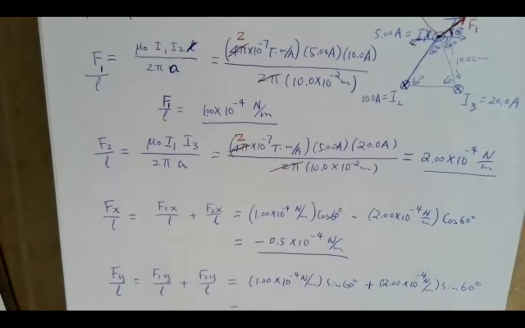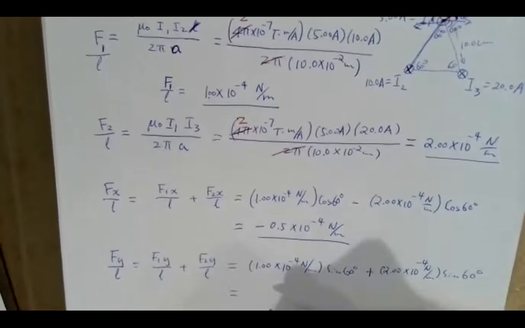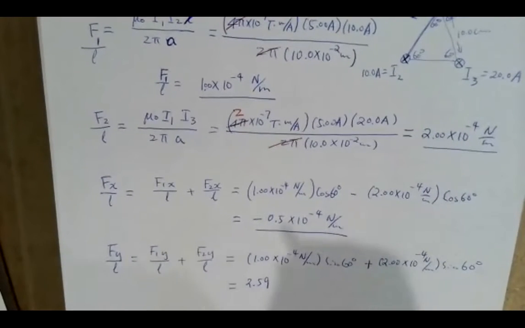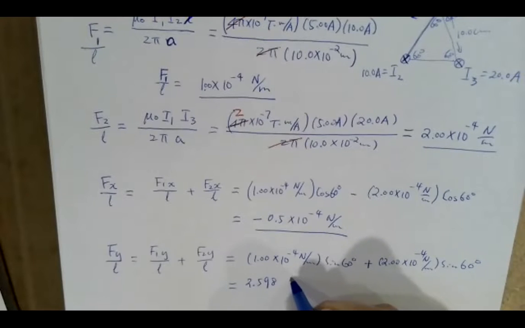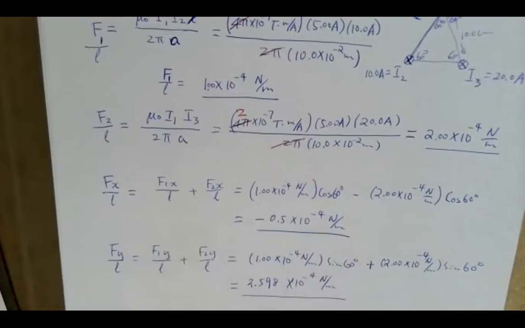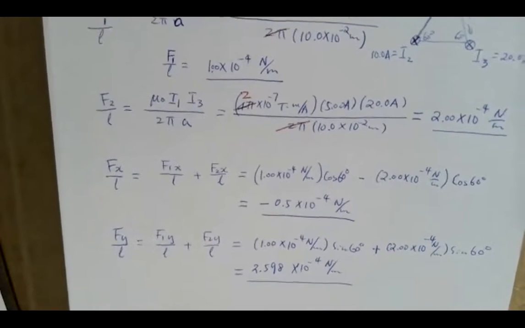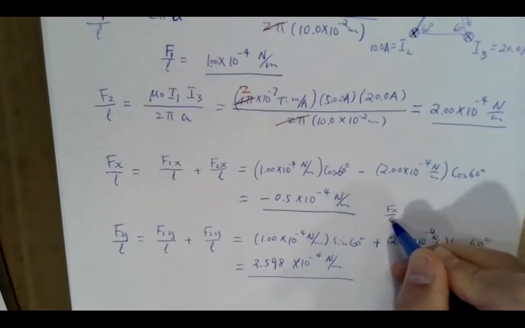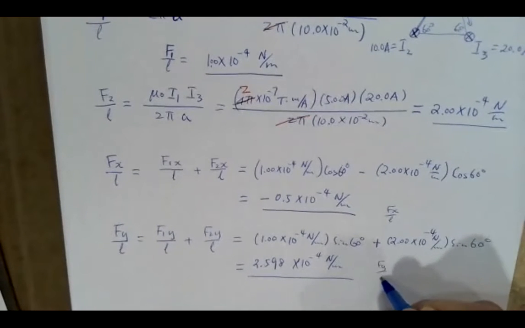That will equal 2.598, so pretty much 2.6 times 10 to the minus 4, not meters, newtons per meter. All right, so you have the x component, this is Fx over L, and this is Fy over L.